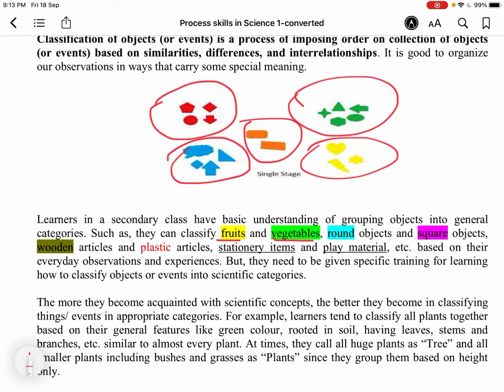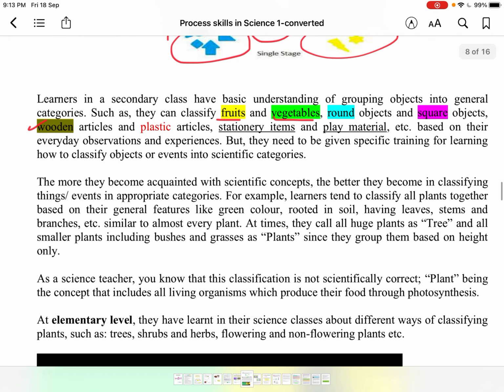They can classify these are fruits and these are vegetables, and they are able to identify and segregate round objects and square objects, and then wooden objects and plastic articles, stationery items and play materials. So based on their everyday observations, they can categorize these types of items. But now in science, we have to do this type of classification at a much deeper level.